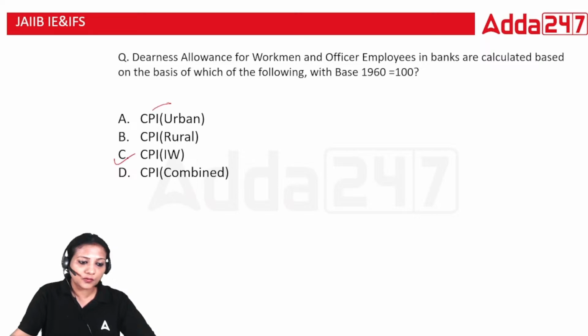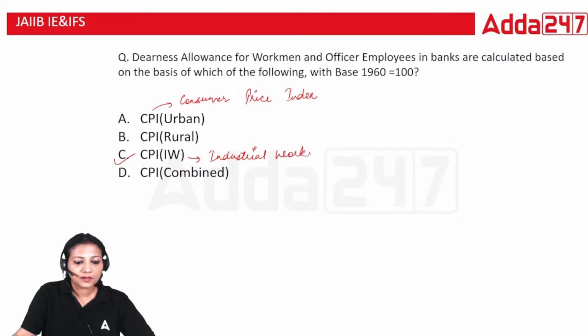First of all, what is CPI? CPI is Consumer Price Index. And what does IW stand for? It stands for Industrial Workers. So depending upon CPI IW, the DA of workmen and officers are calculated.